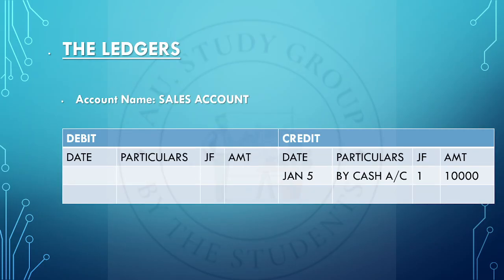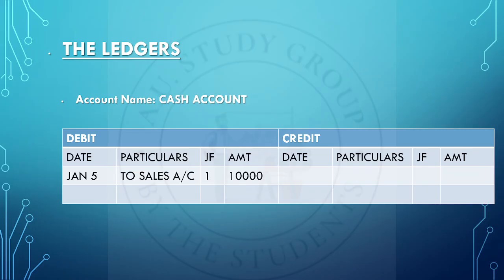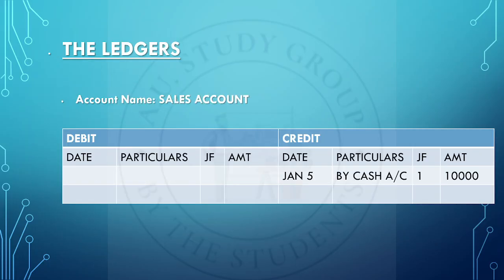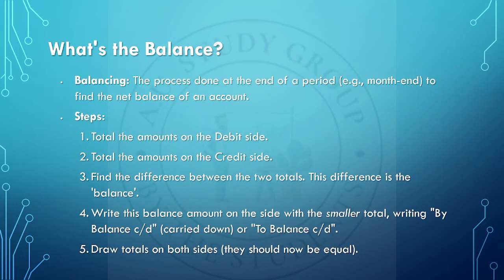This is how you write accounts in the ledger. This is how you transfer journal entries from the journal book to the ledger. Now let's understand what balancing is. In ledger accounts, you write all the transactions, but at every month end, quarter end or week end, you need to know the total balance.